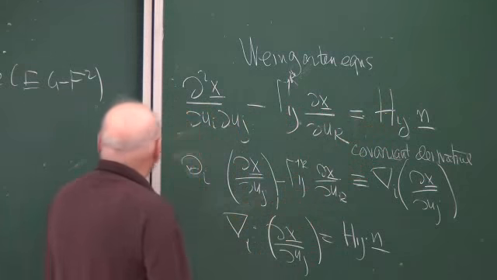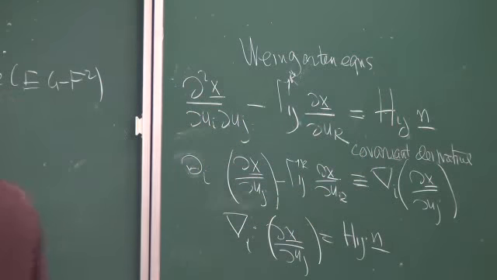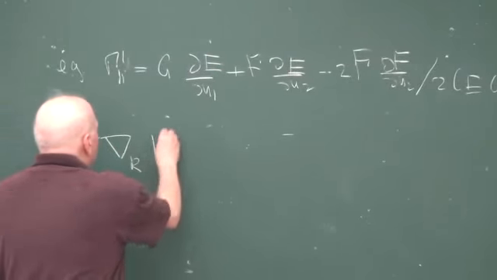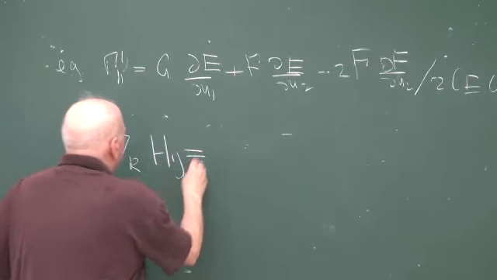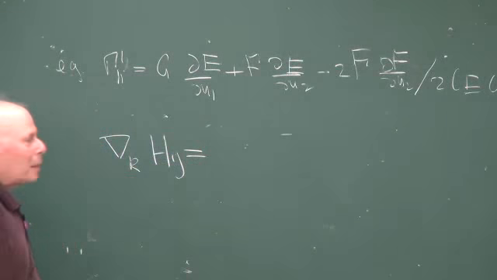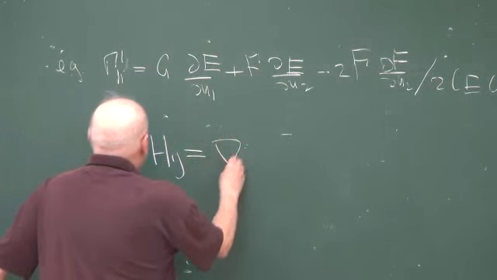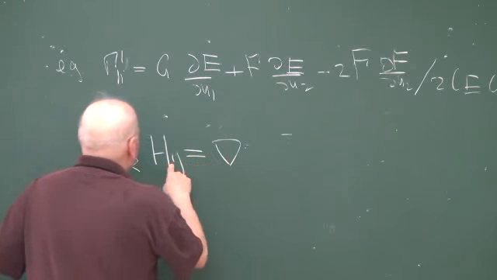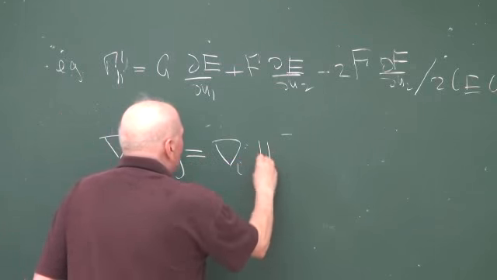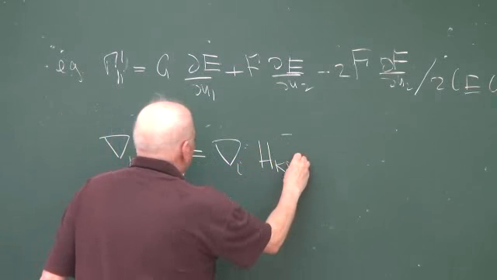Well, it's not surprising. First of all, it's easy to do. But it's very nice. So if I take the partial derivative of Hij, it should be equal to the partial derivative of, it doesn't make any difference, Hij is symmetric, so the partial derivative of Hkj.